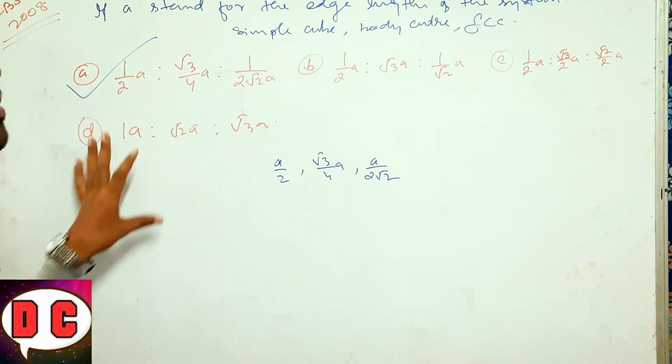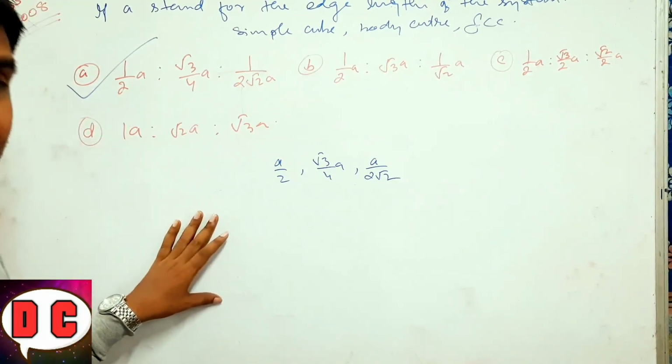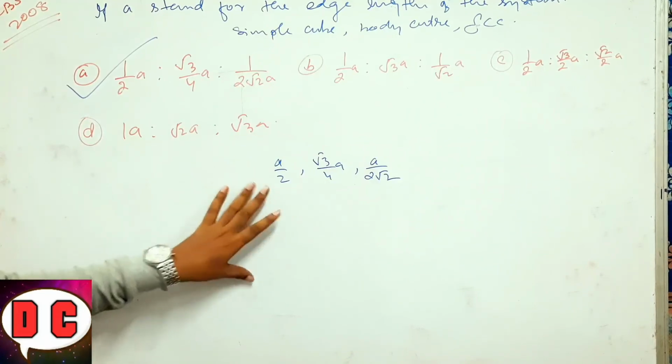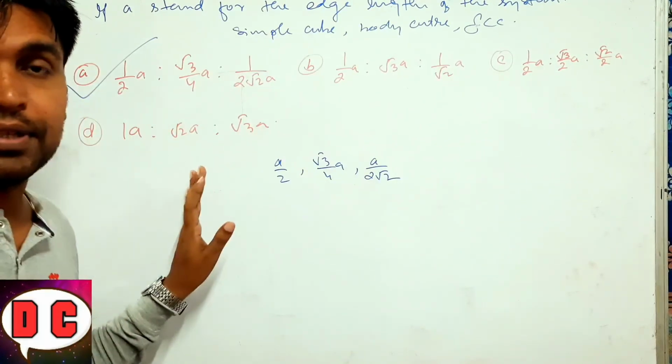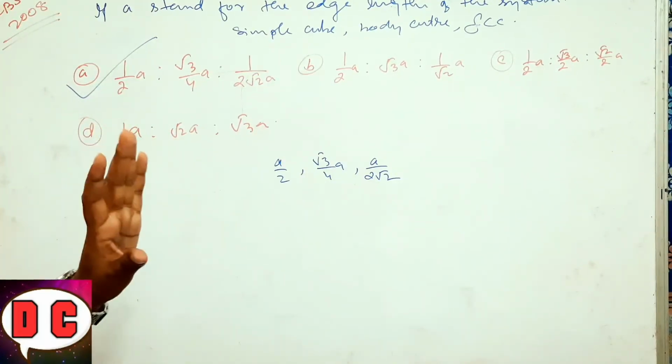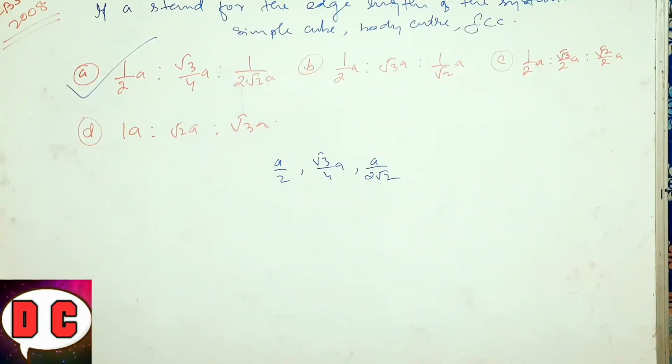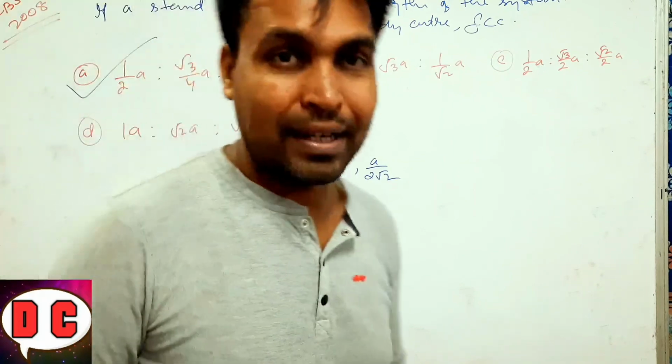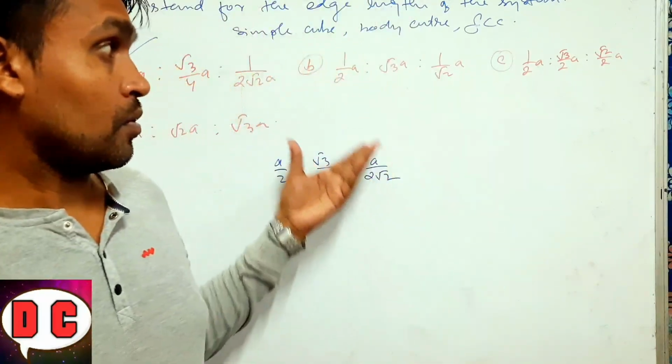That is why I am telling you that this topic, relations between a, d and r, is very, very important for your examinations, not only for your board exam but also from the competitive examinations point of view. Okay, dear students. Since the video's length is becoming a little bigger, we'll wind up for today.